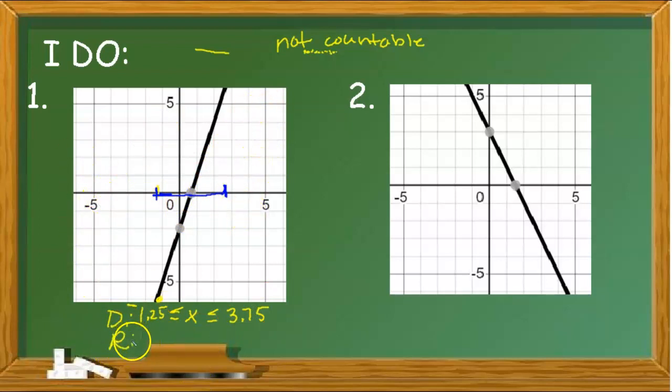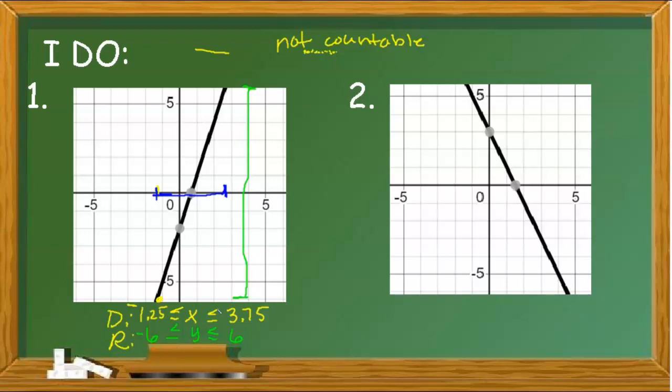My range now is going to go from all the way up here at the top. So my range is going from here to there. Okay, all of those y values are graphed. And so my range values are going roughly from 6 all the way down to a -6, we'll say. Okay, so those would be my domain and my range values.